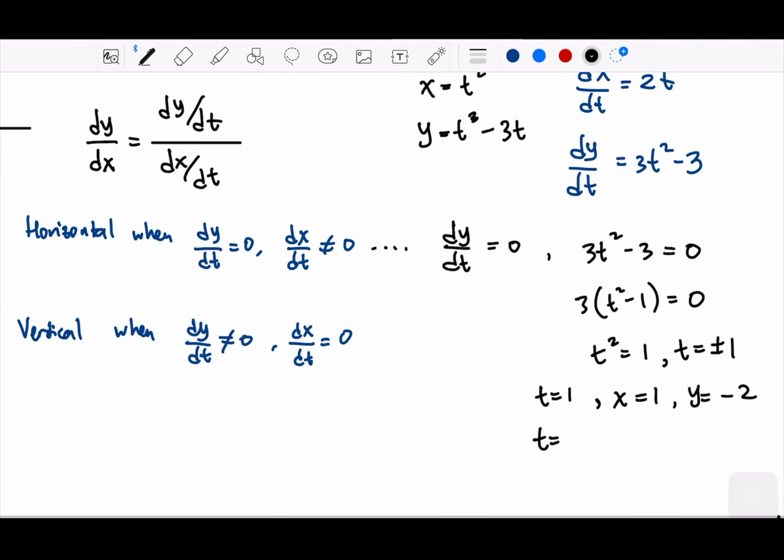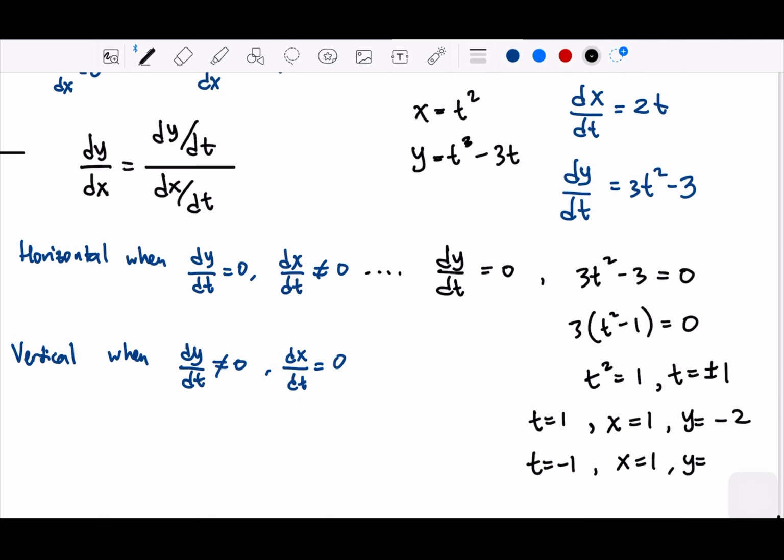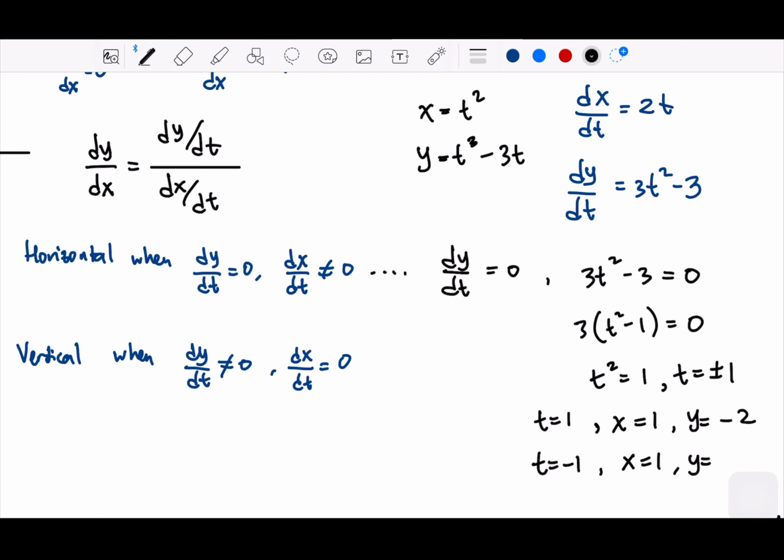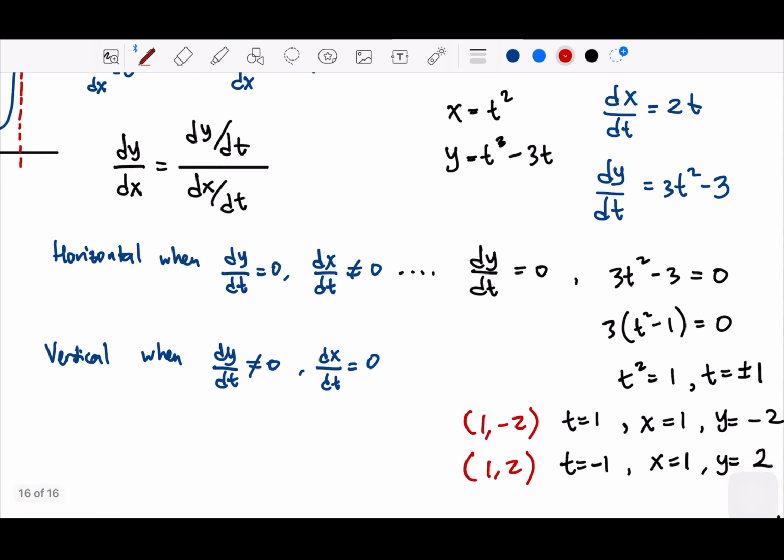When t is negative 1, x is 1 and y is negative 1 plus 3, so plus 2. So the points are (1, -2) and (1, 2). That is for the horizontal.